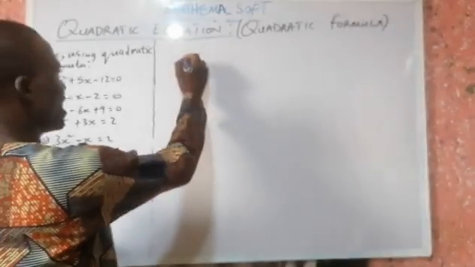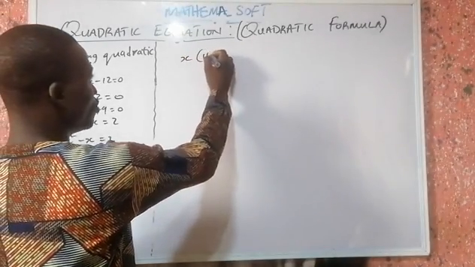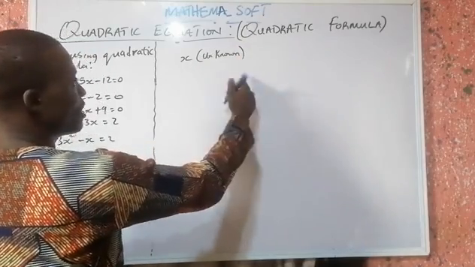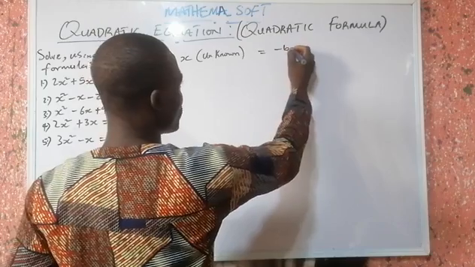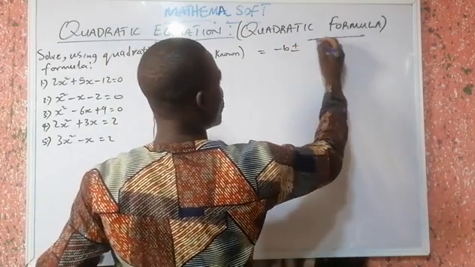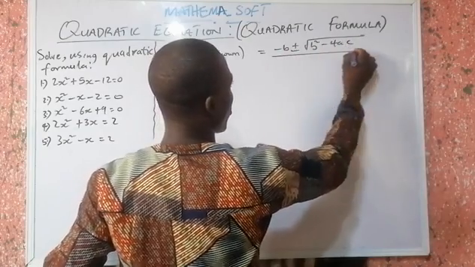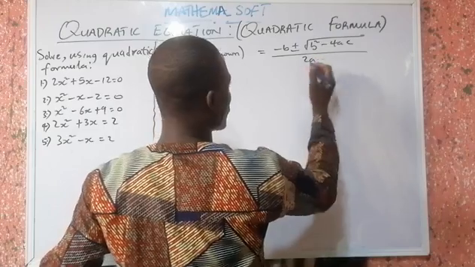The formula states that x, or any other unknown that you may have, it might be x, it may be any other unknown, equals minus b plus or minus root b squared minus 4ac all over 2a.